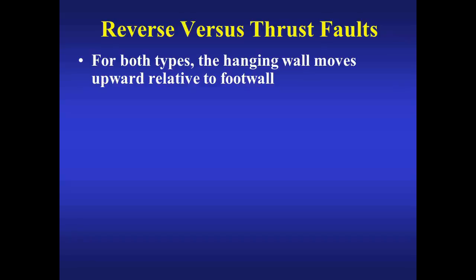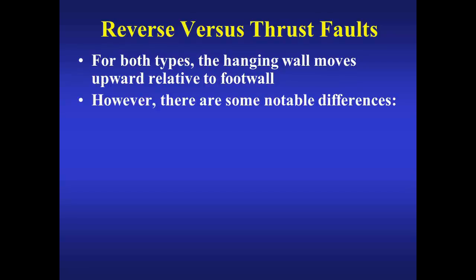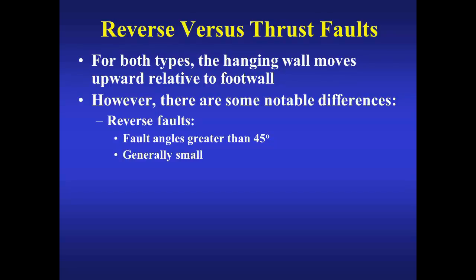Now, a reverse fault is much like a thrust fault. However, there are some notable differences. For both types, the hanging wall moves upward relative to the footwall. For example, in the case of reverse faults, the fault angle is generally greater than 45 degrees.